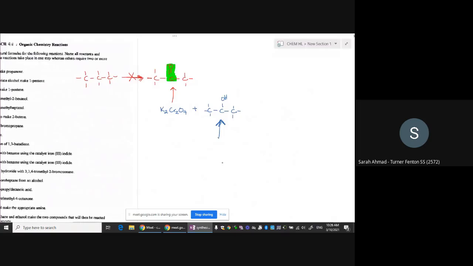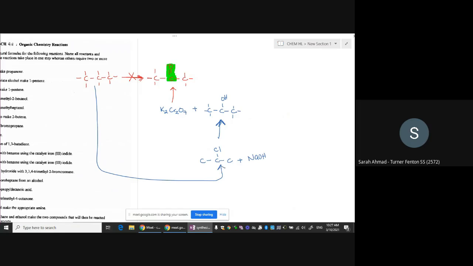Okay, so one way is to substitute. So if I had, let's say, chloropropane, I can react that with sodium hydroxide, and the hydroxide will substitute here and make the alcohol. Okay, but how did I go from here to there?